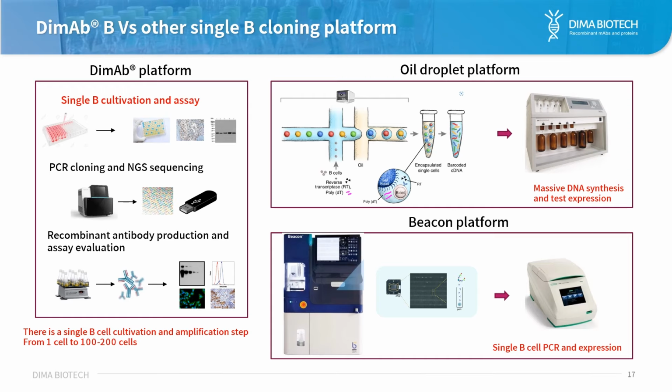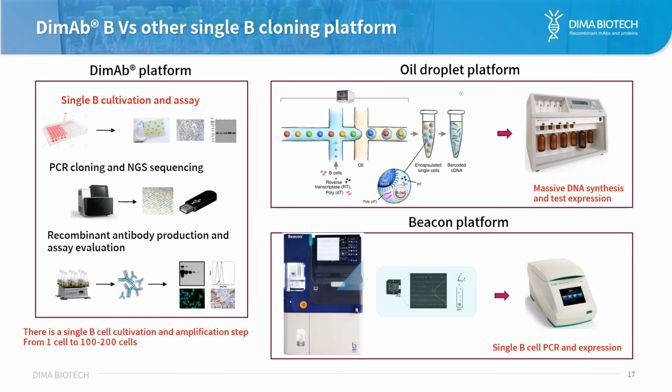The vial can only hold several nanoliters. The antibody produced in this small amount is not enough for any traditional ELISA or FC analysis. Number two, the PCR amplification from a single cell might have a high risk of aerosol contamination.